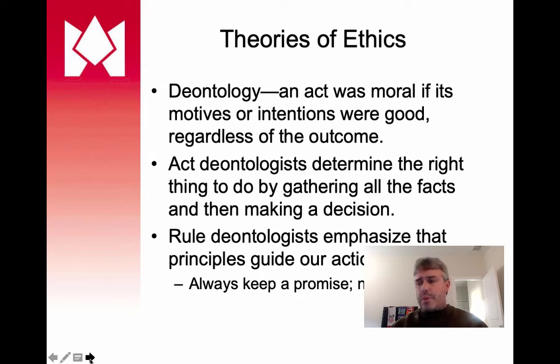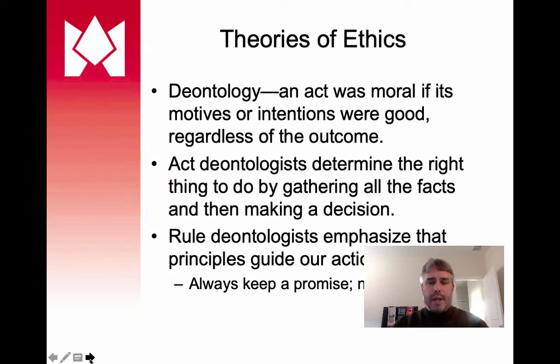So we're going to go through some theories of ethics here. Deontology talks about the fact that an act was moral if its motives or intentions were good, regardless of the outcome. So you do something and your motivation was good, but there's a negative outcome. Deontologists say you're cool because you did it because your intentions were good.